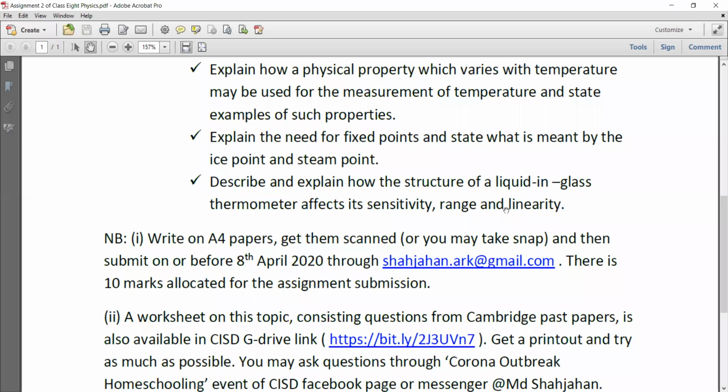Last class, I showed you how to use Google Classroom. If you go through all the postings, scroll down, you can find the notes on sensitivity, range, linearity, and how these are related to the structure of a liquid in glass thermometer.